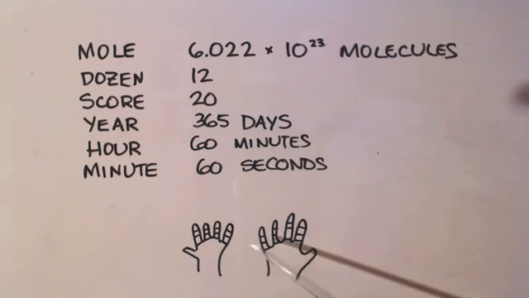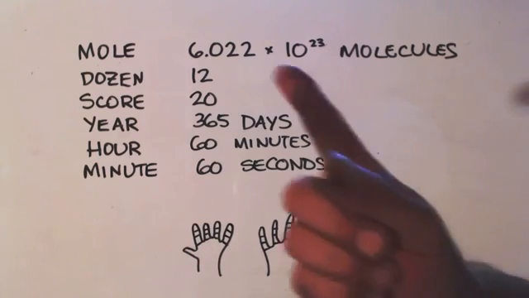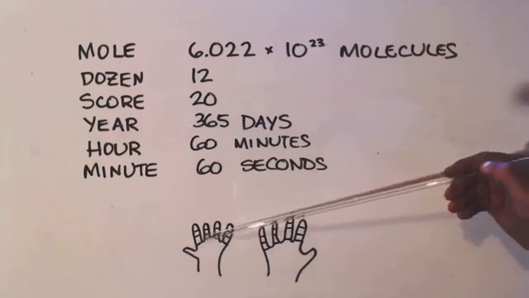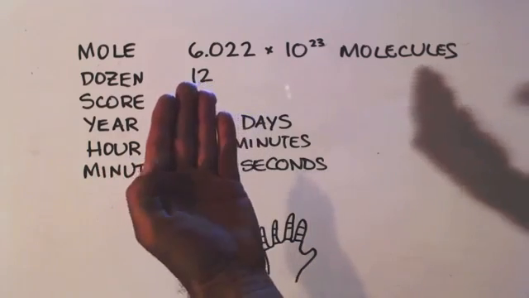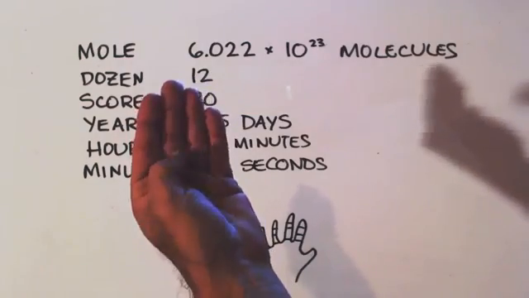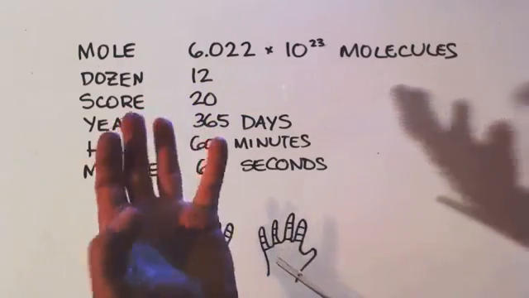I want you to look at this hand. Look at these hands. It's a terrible drawing, but see the little lines I have on the fingers? Just like on your fingers, you've got little lines that go across there. If you put your hand out like that and took your thumb and counted each individual section, there's 12 sections.